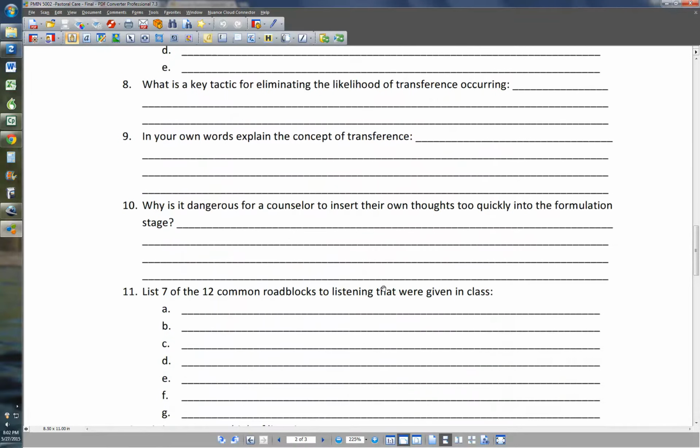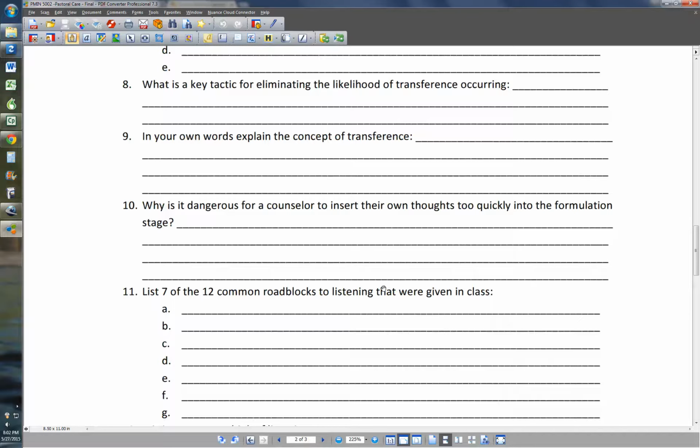Number 8, what is a key tactic for eliminating the likelihood of transference occurring? So we talked about transference tends to occur more often if there's a distance that's felt between the counselor and the person, like a quietness. The counselor's not really saying anything, and it opens up the opportunity for the client to fill in the gaps with transference. Oh, he must be thinking this about me, or I know what he's thinking.